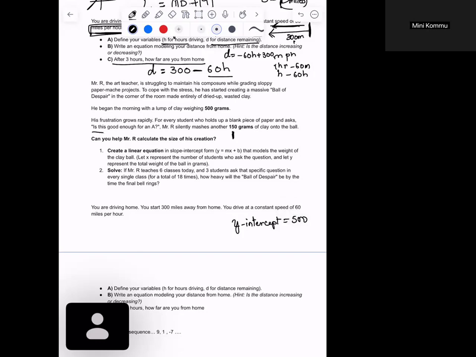For every time a student asks, if one kid asks, is this good enough for an A, he's putting in 150 grams. If S number of students ask this question, he's putting in 150 times S. Do you get this? We have our slope over here.